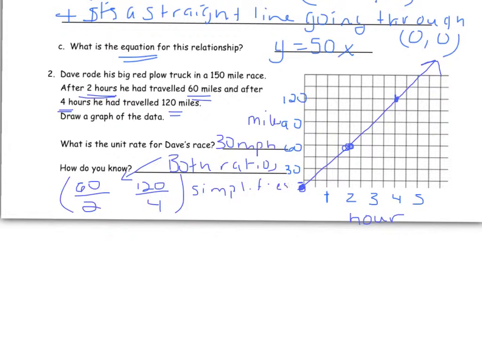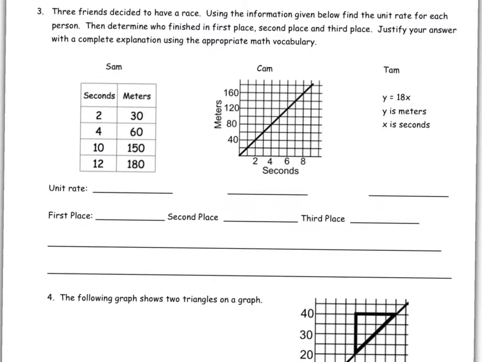Please add to your formative 30 miles per hour. Again, right now you should be correcting and putting labels on. If you didn't have labels, you should be making your paper perfect because you will be able to use it on the summative assessment. All right, question 3.